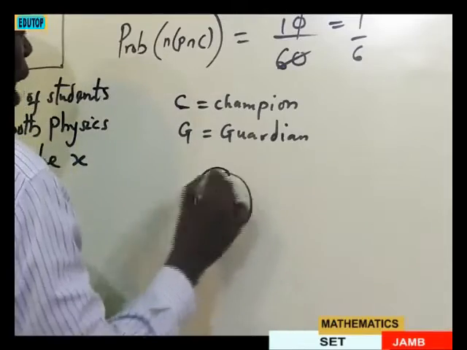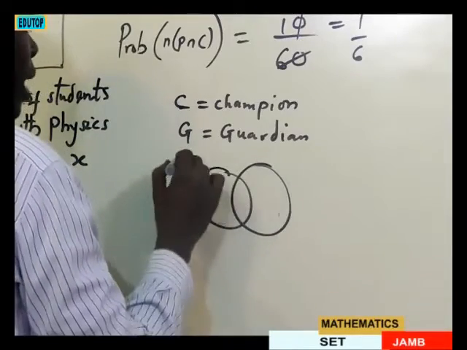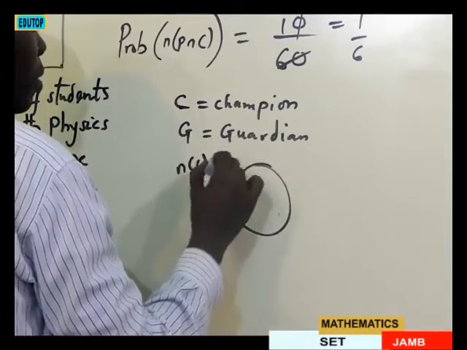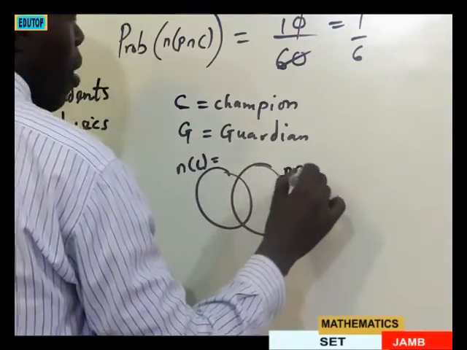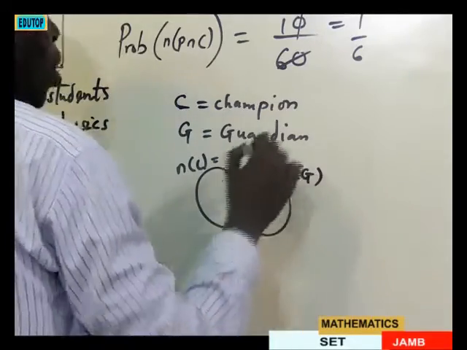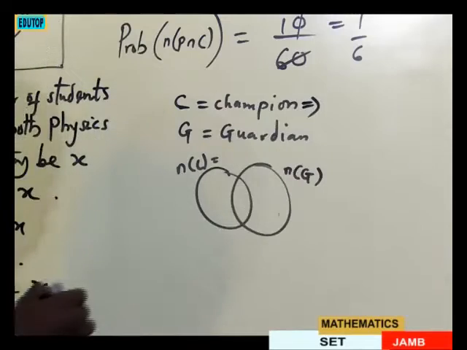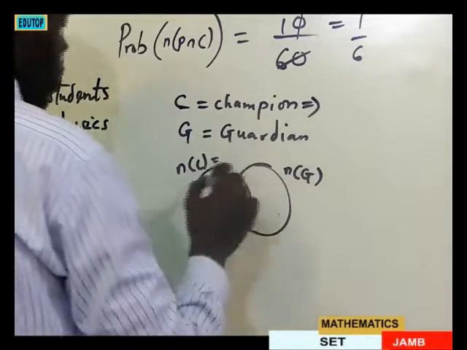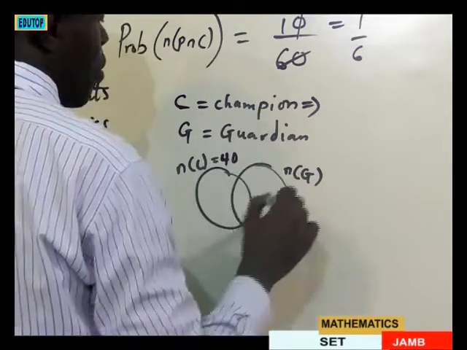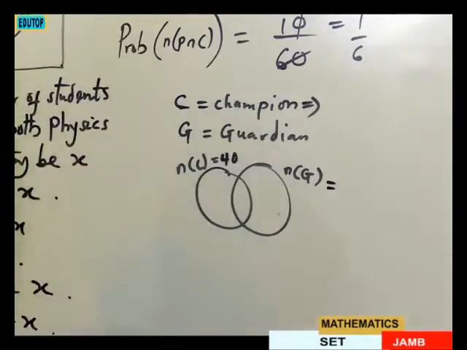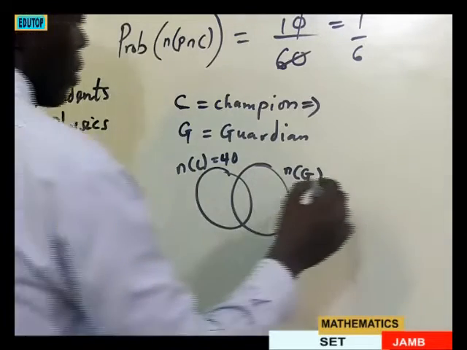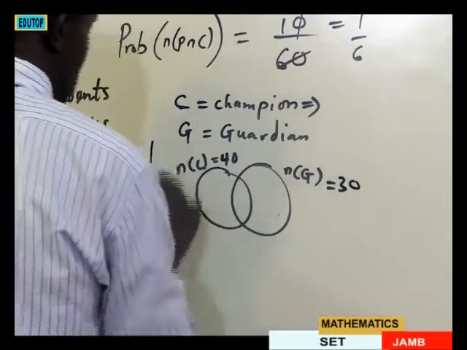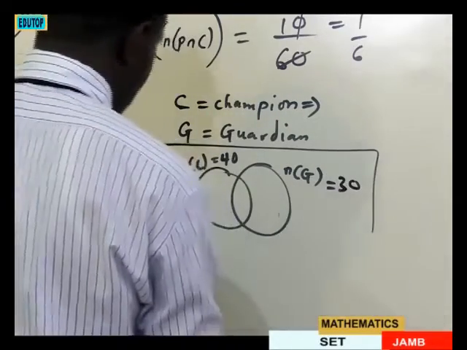Now let's draw our Venn diagram, where this is the number of Champion, while this is the number of Guardian. The number that read Champion, we have 40. The number that read Guardian, we have 30.